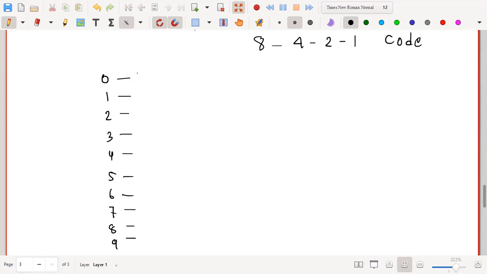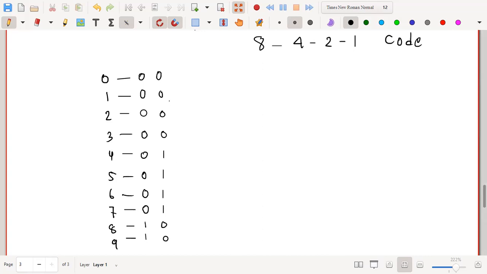Now here it is 8421 code. We start writing from the 8 column: 8 zeros first, and then 8 ones, but since we only have decimal numbers up to 9, we write only up to 8 and 9. Similarly, in the 4 column you write 4 zeros, and 4 ones, and again 4 zeros.